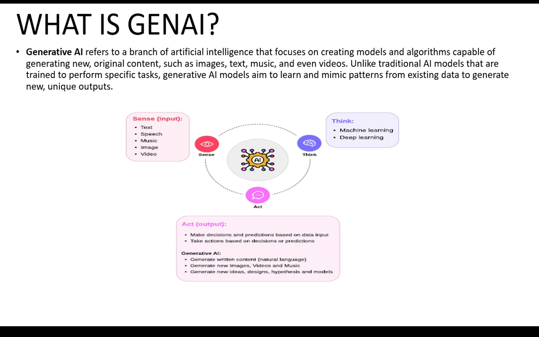So Gen AI is the breakthrough technology where we can generate new things. Okay, we can generate new images, videos, music, new idea designs, new code, and so on. So, isn't it exciting?